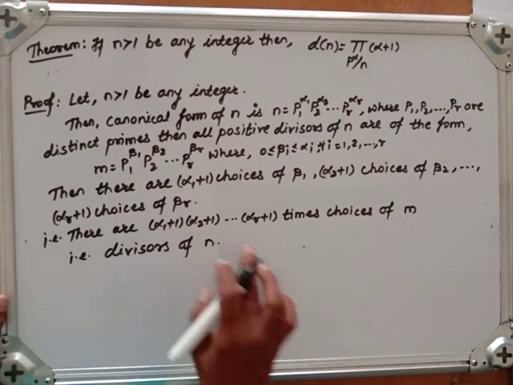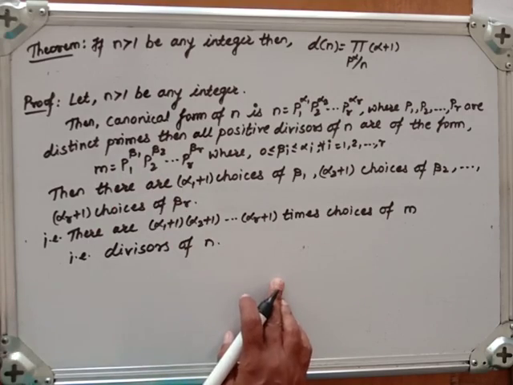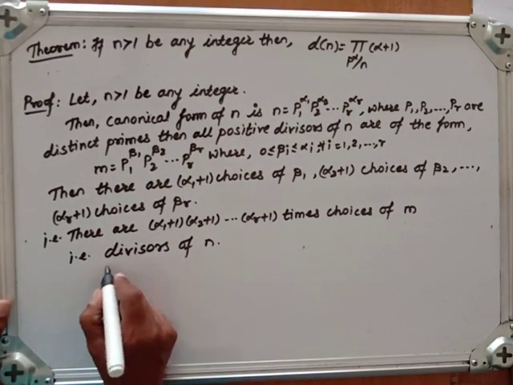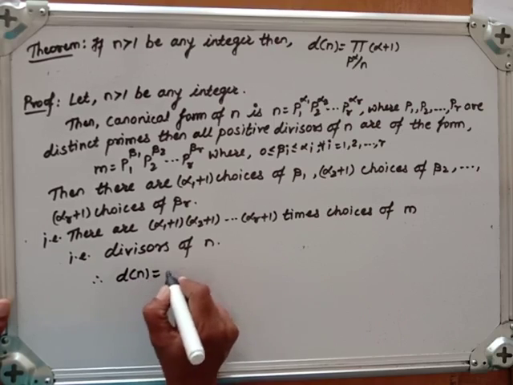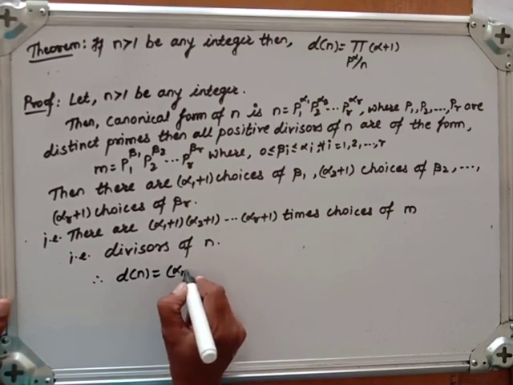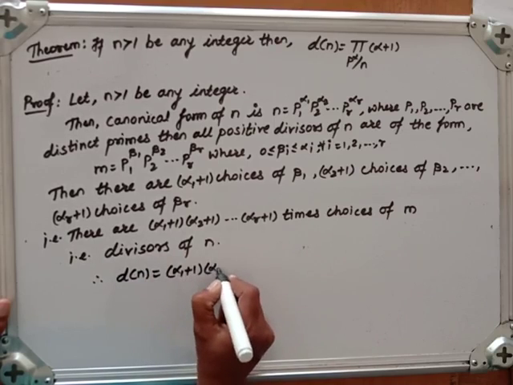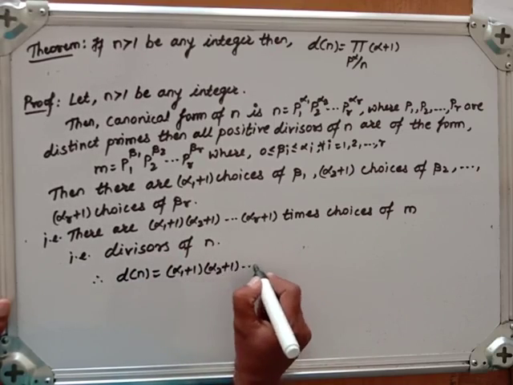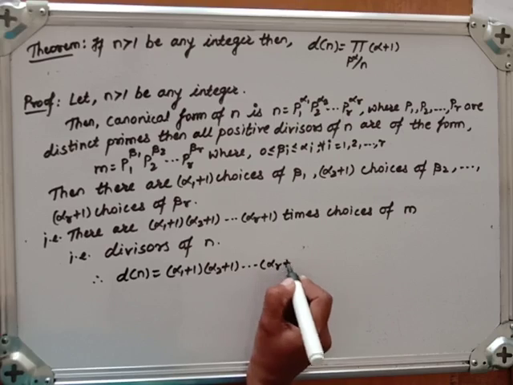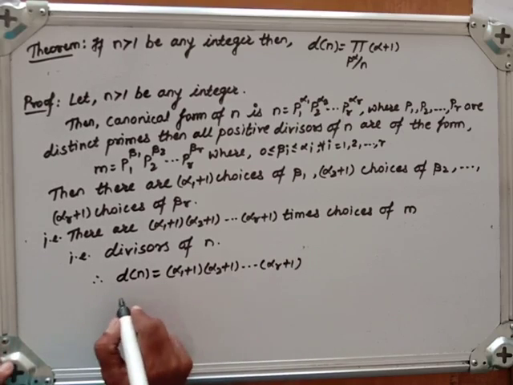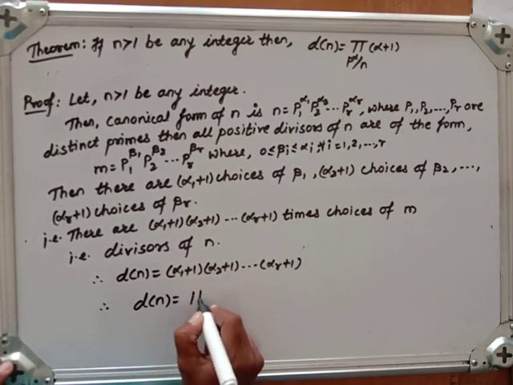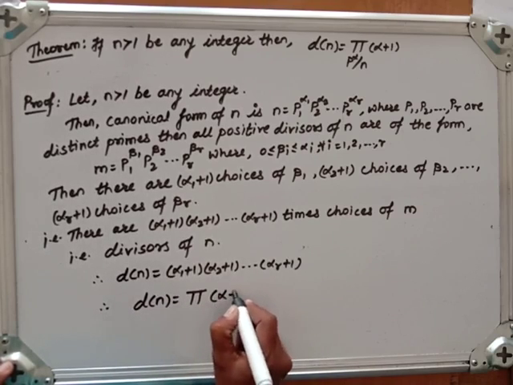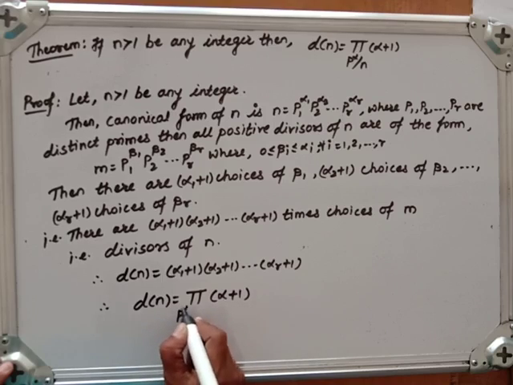Again for beta 2 we get 6 as such. So these are divisors. Therefore d of n is nothing but this product, alpha 1 plus 1, alpha 2 plus 1, and so on up to alpha r plus 1, and therefore d of n is the product of alpha plus 1, where p raised to alpha divides n.